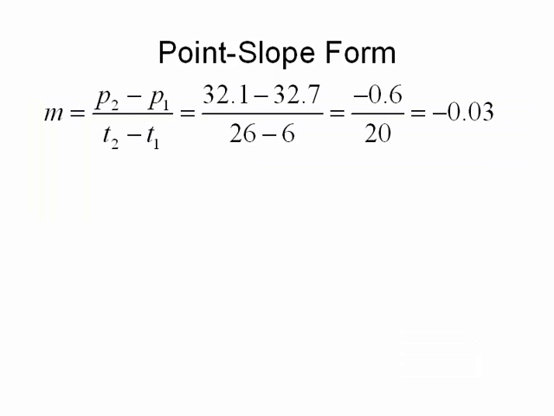So to calculate the slope, we'll have p2 minus p1 over t2 minus t1, instead of the usual y's and x's. So we get 32.1 minus 32.7 divided by the quantity 26 minus 6. If we work out the algebra on that, that gives us negative 0.03.